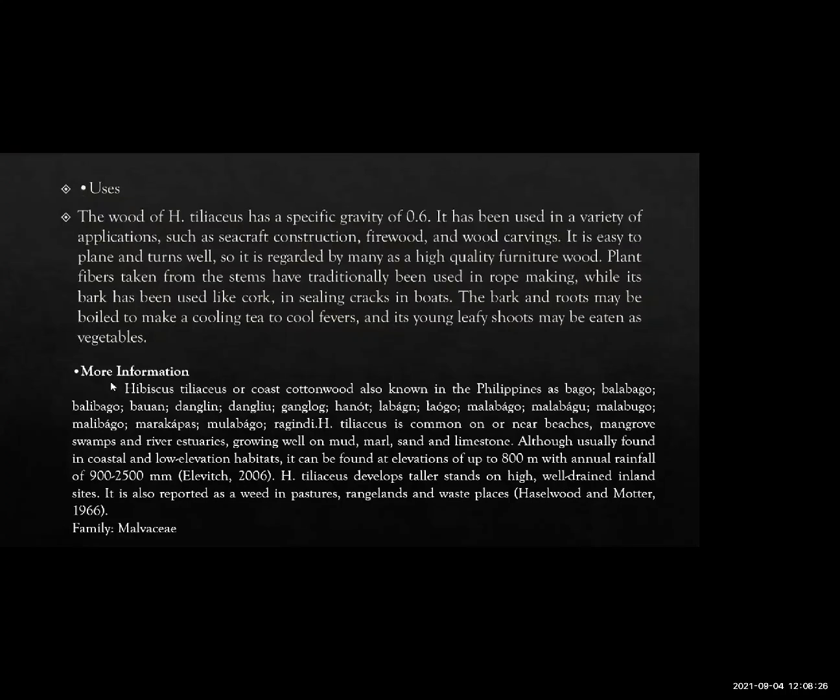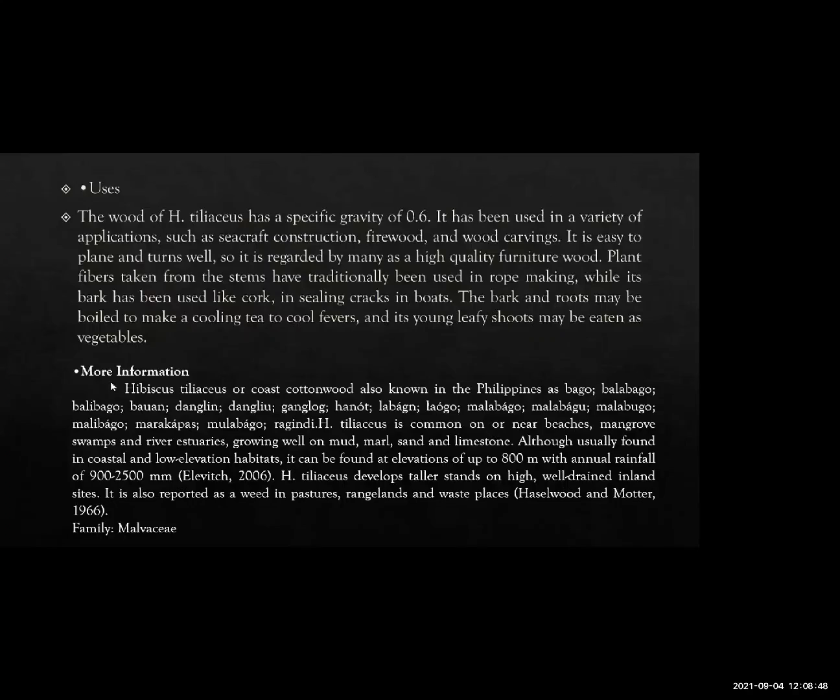Uses. The wood of Hibiscus tiliaceus has a specific gravity of 0.6. It has been used in a variety of applications such as seacraft construction, firewood, and wood carvings. It is easy to plane and turns well, so it is regarded by many as a high quality furniture wood.